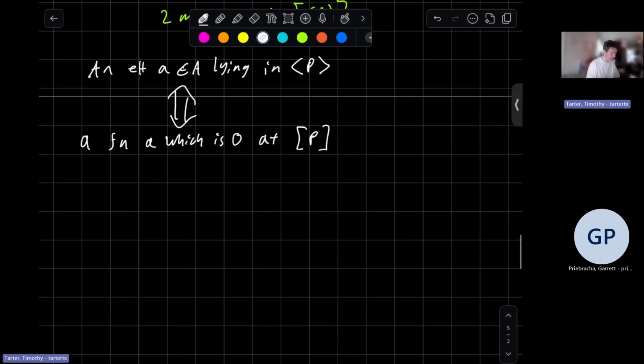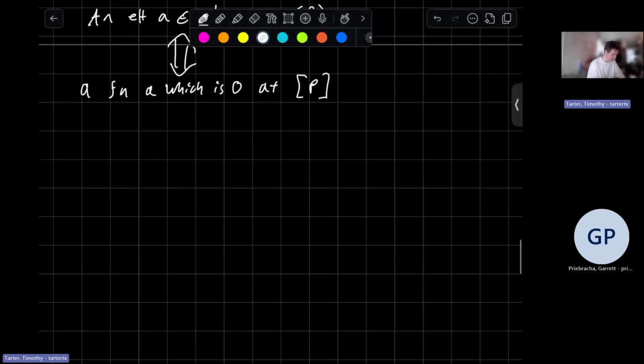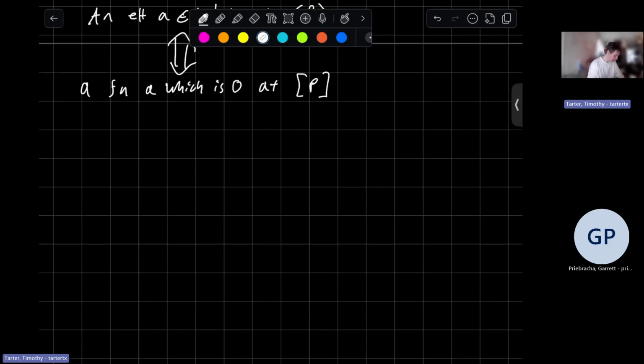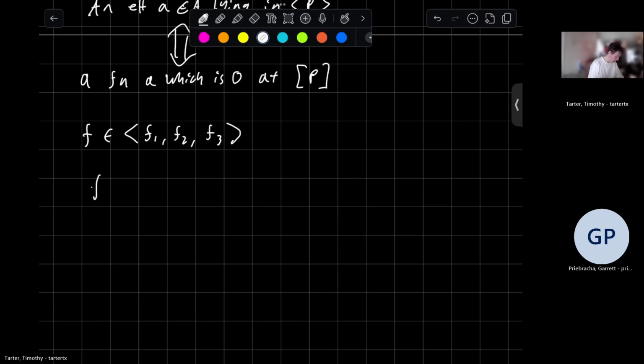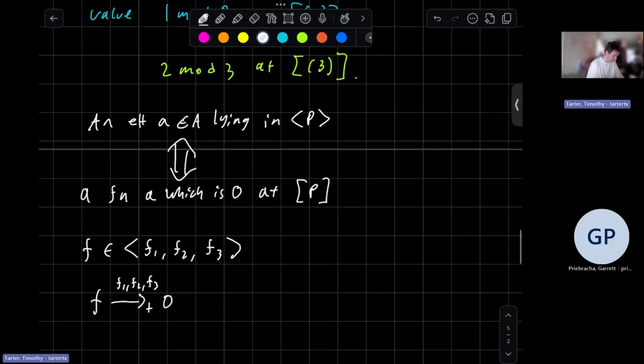Right, so this is kind of the same idea as if you have an element of an ideal, like when we talked about Gröbner basis stuff way forever ago. If you have F in some ideal generated by F1, F2, F3, then if you divide F by this set, then F reduces exactly to 0 by F1, F2, F3.